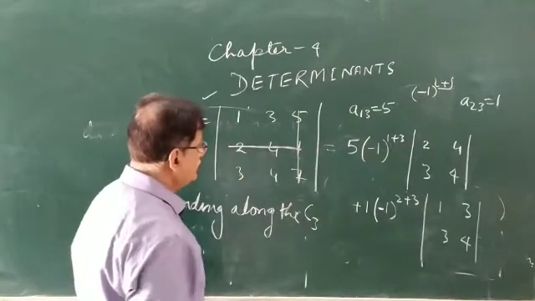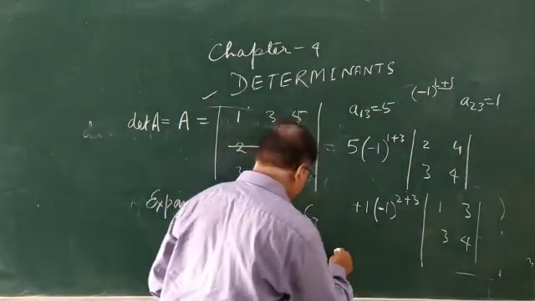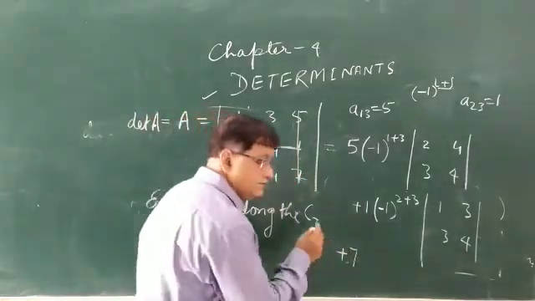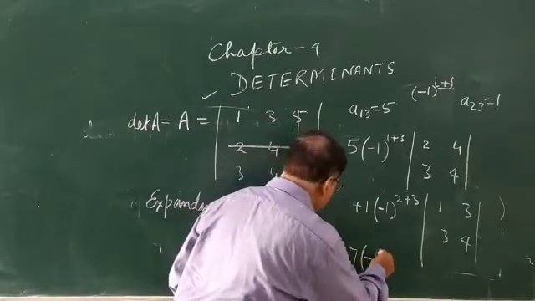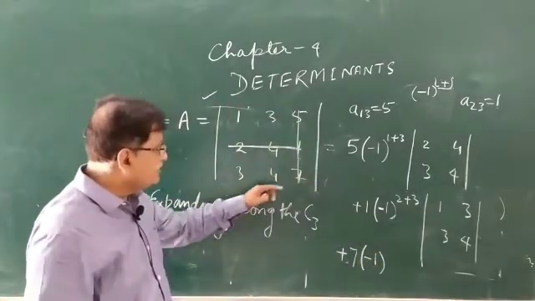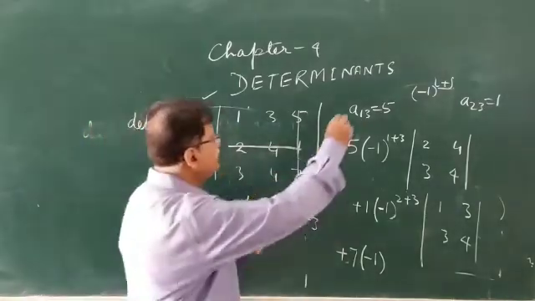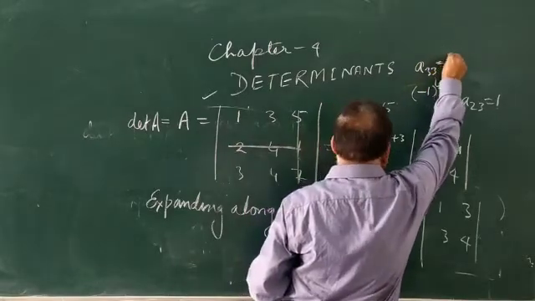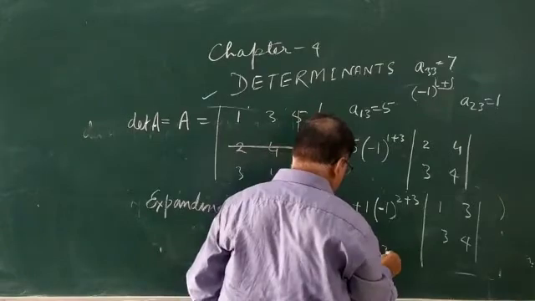Now for the third element, 7, you find the sign of that element: minus 1, and the position of this element is third row and third column, A33, that is your 7. You want to get the sign with 3 plus 3.